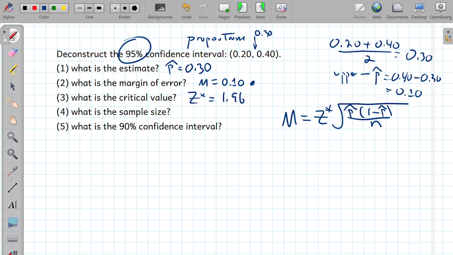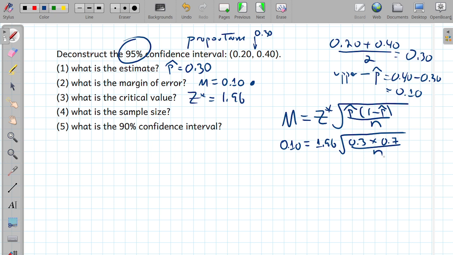I've got all these numbers except n. I can solve for that. Let's pop the numbers in that we have. This is 10%. I know this is 1.96. I know this is 0.3. And I know this is 0.7. We just don't have n.